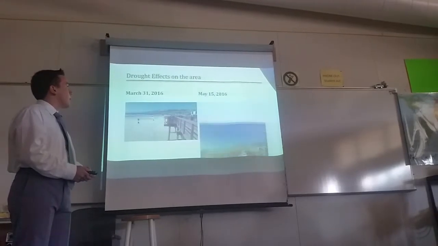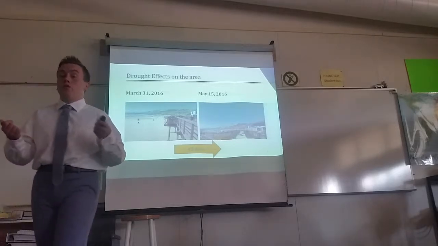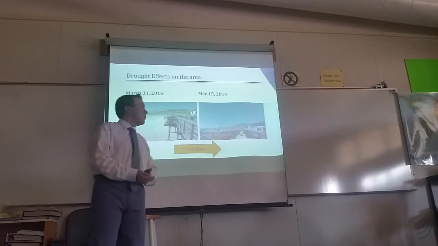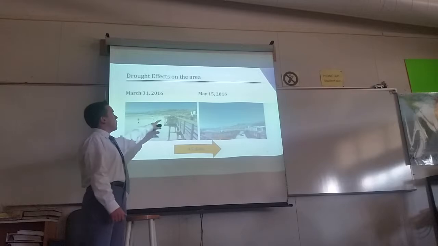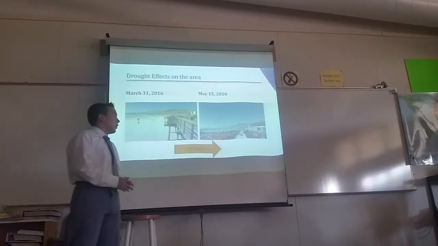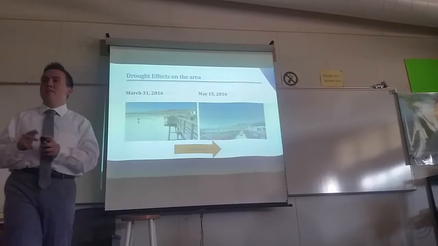So, what are the effects of the drought on the county? I went to the beach with my parents during spring break, and I took a picture of the hills. They were all green, and I went 2 weeks ago, and they had already turned gold.